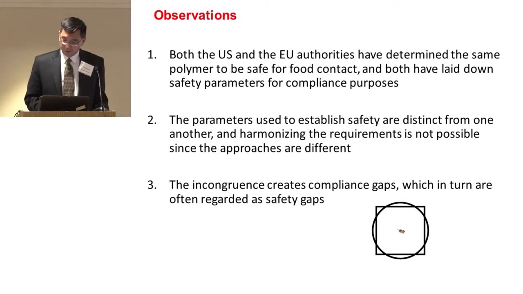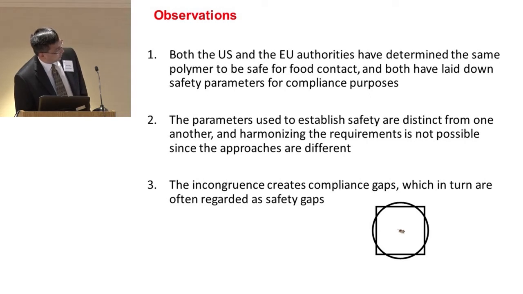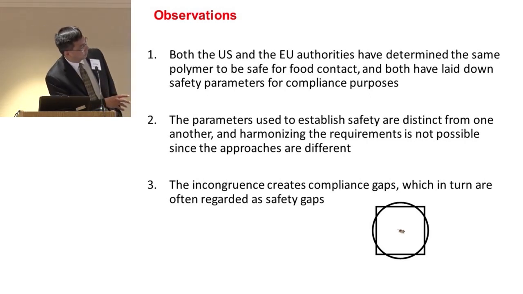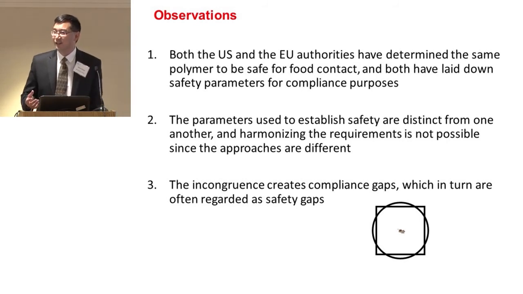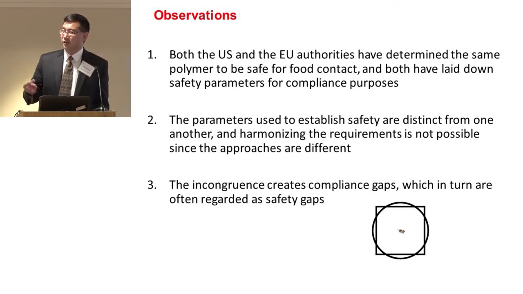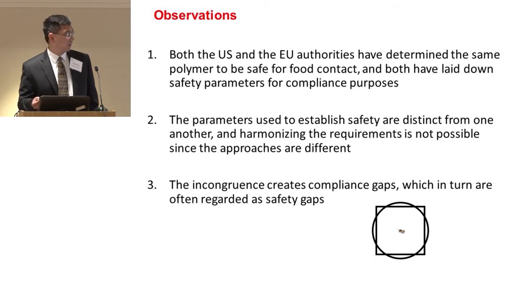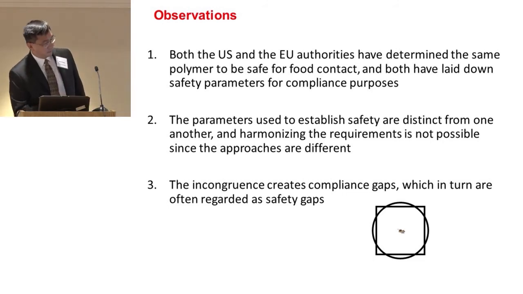I think I put this, just for the sake of argument, the circle and the square have the same area, enough to protect the mouse, or should I say Charles River rat. Now, let's just look at it differently.